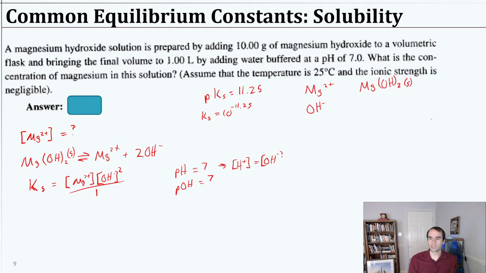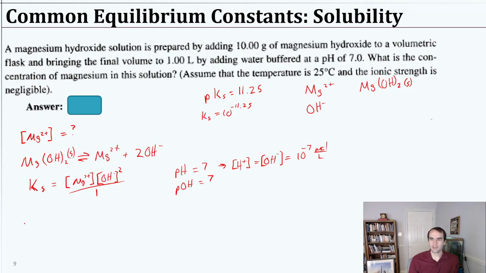It's equal to OH-, and from that being pH 7, that's equal to 10 to the minus 7 moles per liter. You could also write it as pOH is 7. Same deal there, the pH or the pOH is 7 at neutral. So we actually have pretty much everything we need here.